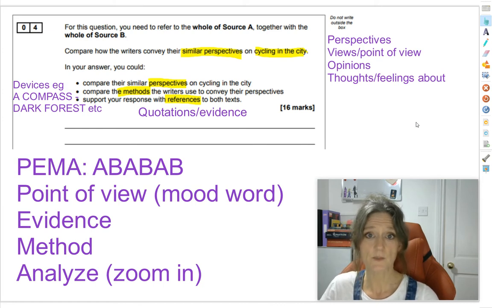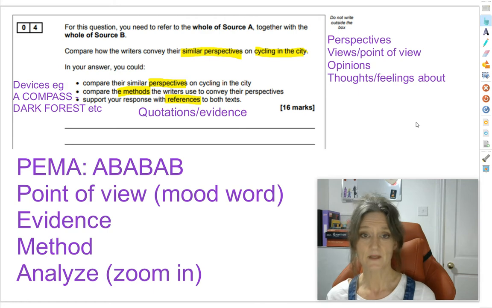What the word synoptic means is it brings together all the other skills that you've used on all of your English language reading, and it brings it all together. And that's why it's quite a tricky question. So it's using the skills of analysing, and it's using the skills of being able to pick out the methods that the writer uses.